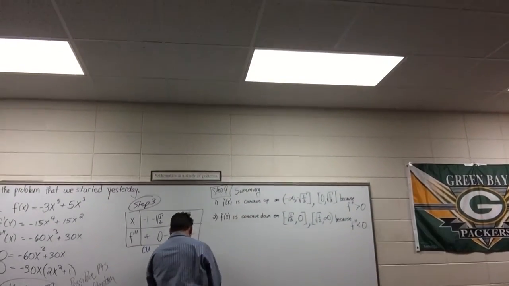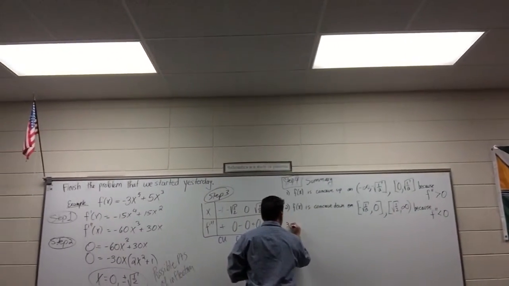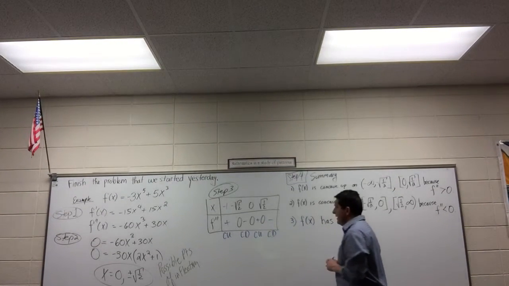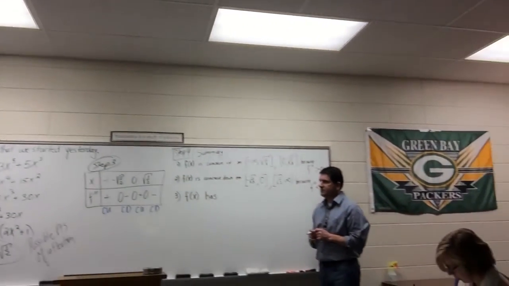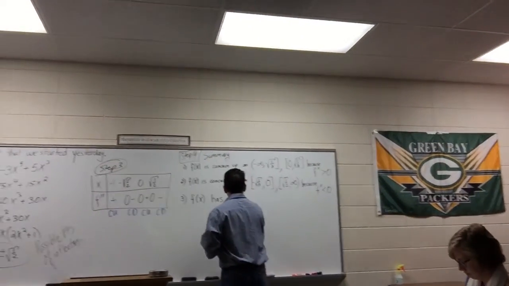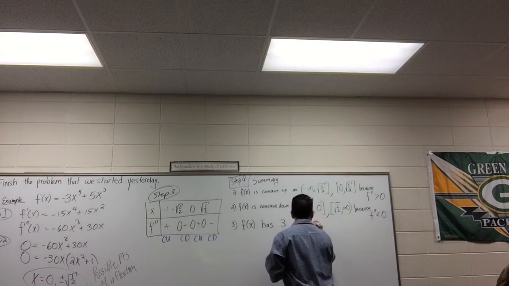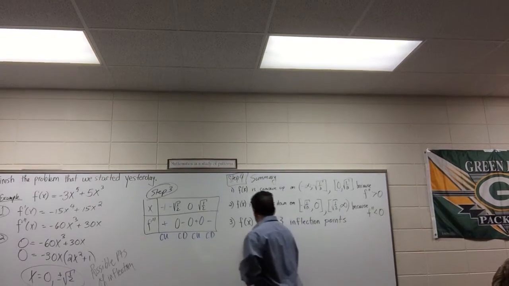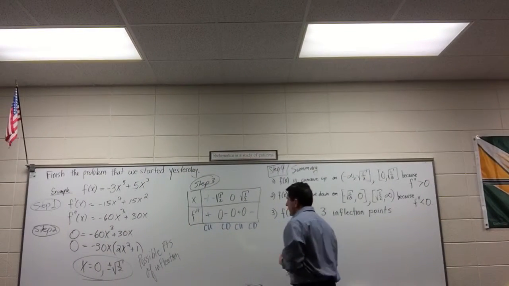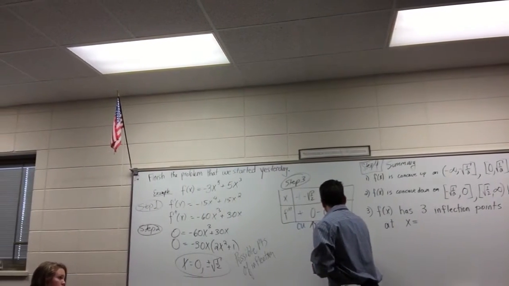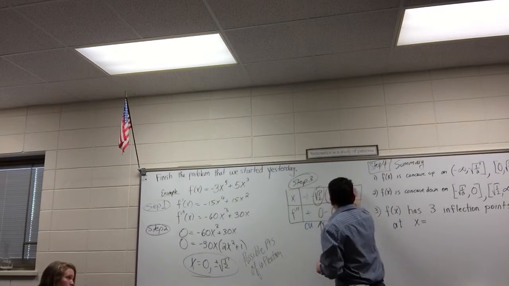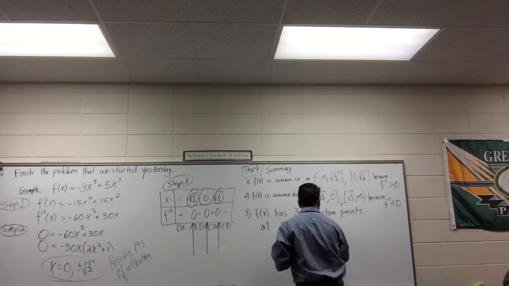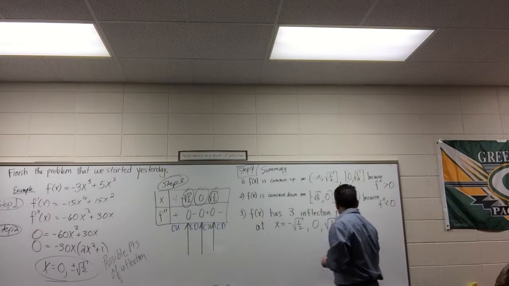So, step 3, f of x has how many points of inflection? 3. So it has 3 inflection points at x equals, and then we can identify them here, here, and here. So it's these 3 values: negative square root of a half, 0, and positive square root of a half.